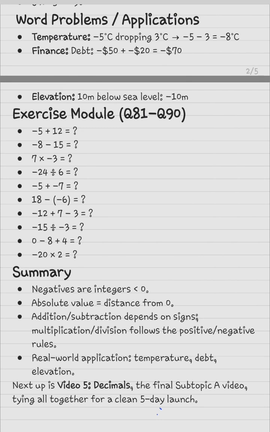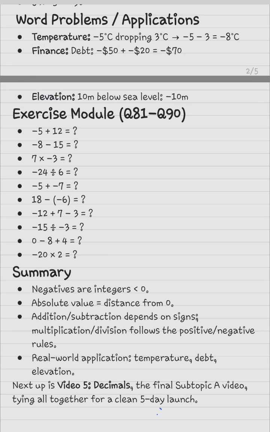Debt is a negative value. If you have a debt of $50 and add another debt of $20, your total financial position is -$70. Elevation. Locations below sea level are represented as negative numbers, such as a cave that is 10 meters below sea level being written as -10 meters.